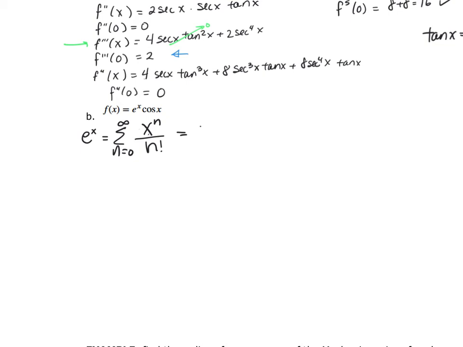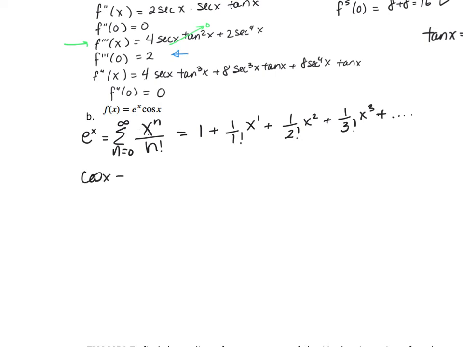My first one is 1 plus 1 over 1 factorial x raised to the 1 plus 1 over 2 factorial x raised to the 2 plus 1 over 3 factorial x raised to the third plus dot, dot, dot. I'm going to do the same thing for cosine.